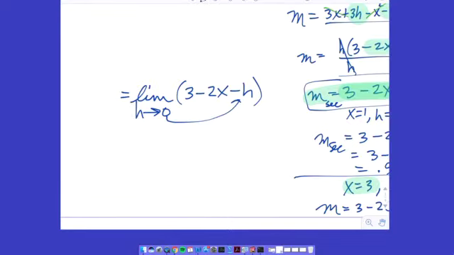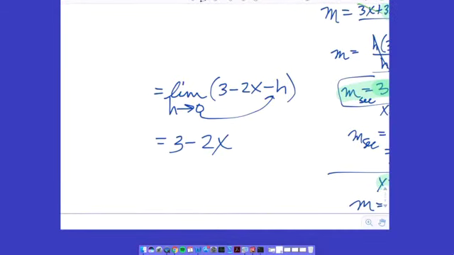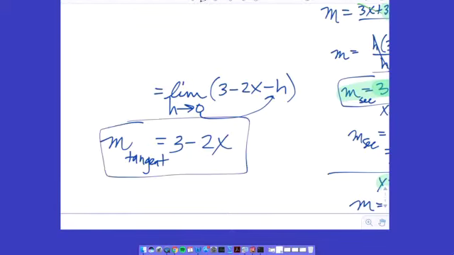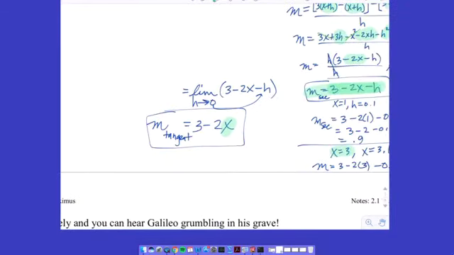We already divided out the 0 over 0. When I plug in, I get 3 minus 2x. This right here becomes not the slope of the secant line. This becomes the formula that gives you the slope of the tangent line. And now notice it only has one unknown. This is the holy grail.